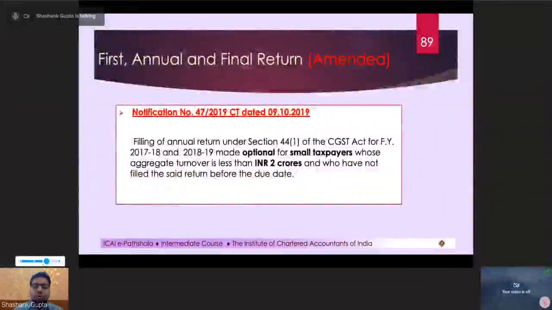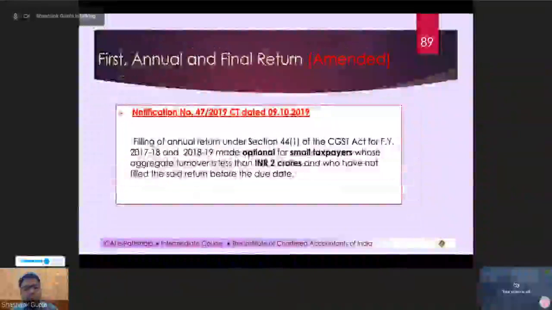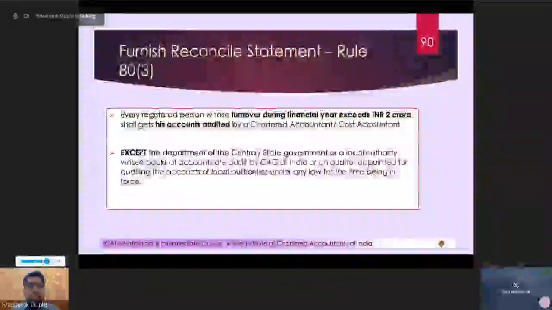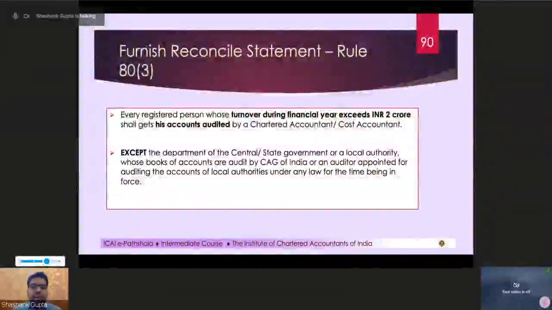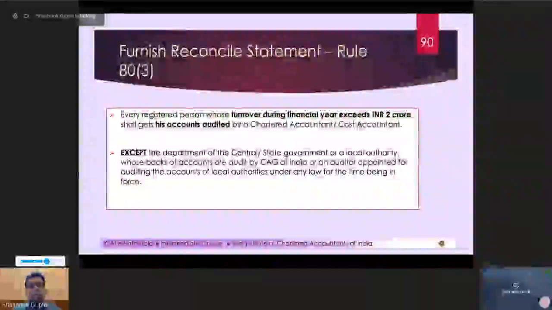If they do not want to file, then it will automatically be deemed to be filed. This I've already told you, reconciliation statement or GST audit: every taxpayer whose turnover exceeds 2 crores is required to get his accounts audited by a chartered accountant.